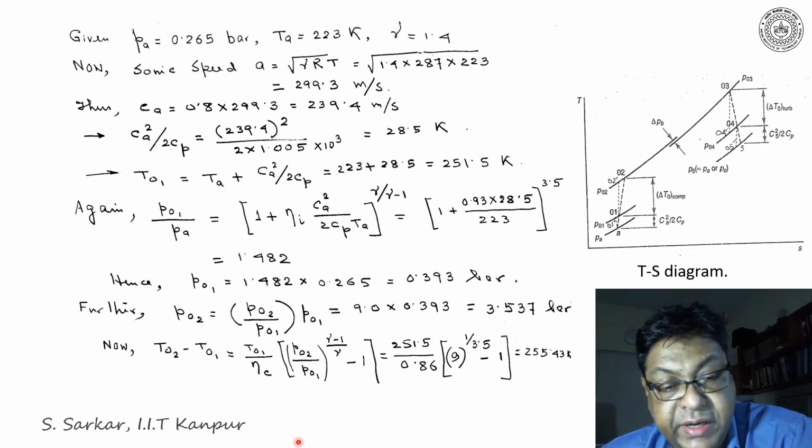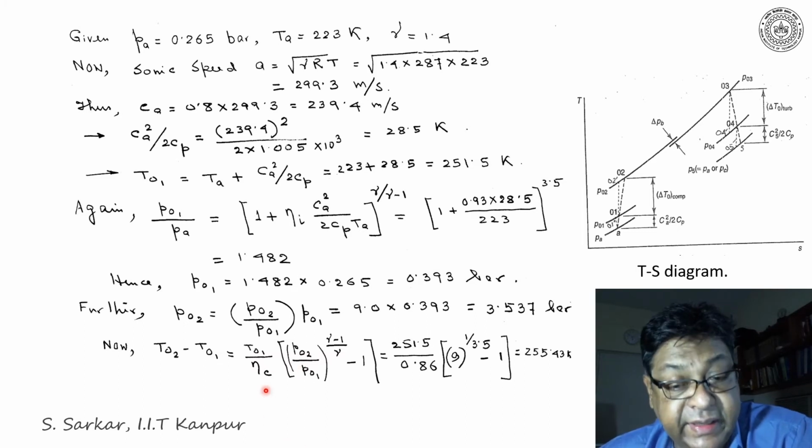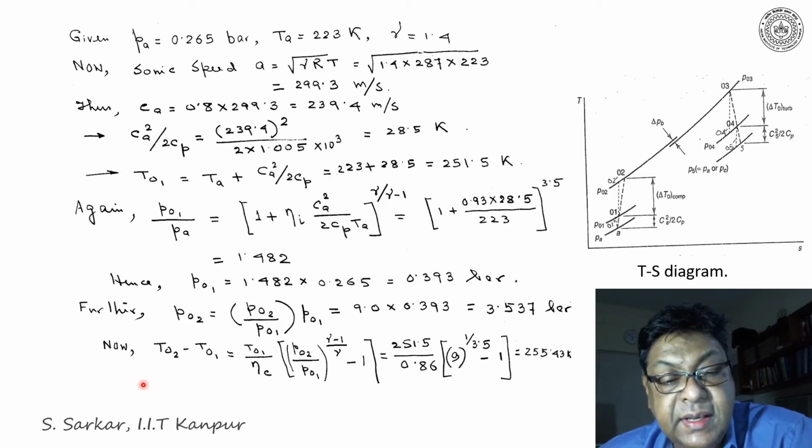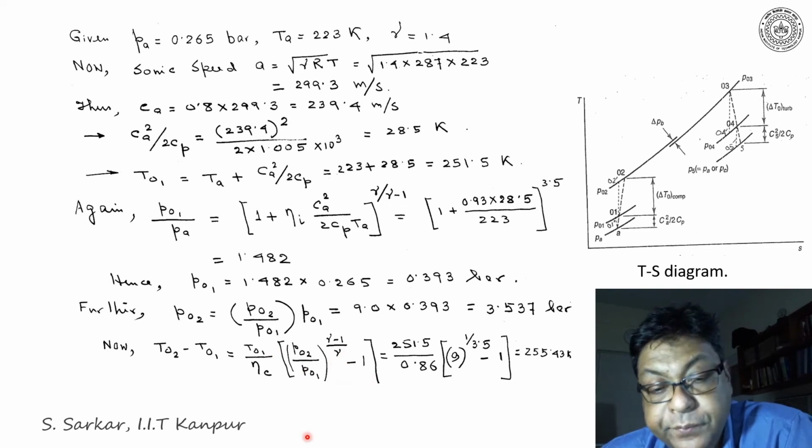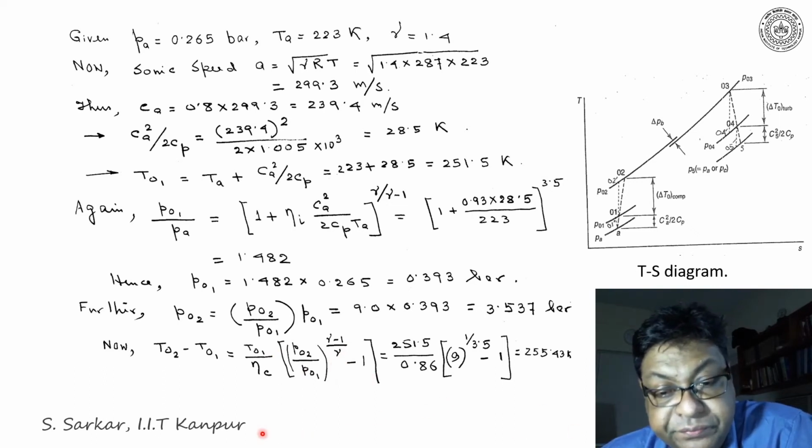T01 I have calculated. Eta C, that is isentropic efficiency of the compressor, is given. So I can evaluate the temperature rise of air within the compressor, that is T02 minus T01 is equal to T01 divided by eta C within the bracket, P02 by P01 to the power gamma minus 1 by gamma, minus 1. Put all the values.